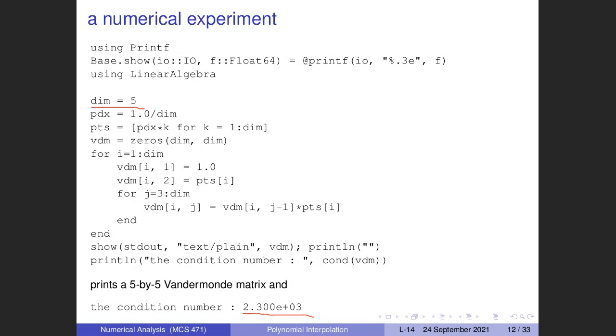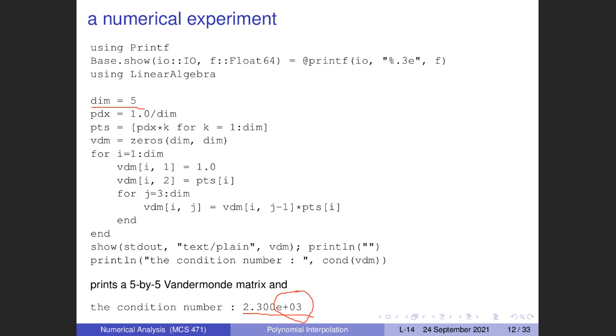As we have seen in the previous chapter, we look at the magnitude of the condition number. So that magnitude actually indicates the potential loss of decimal places.